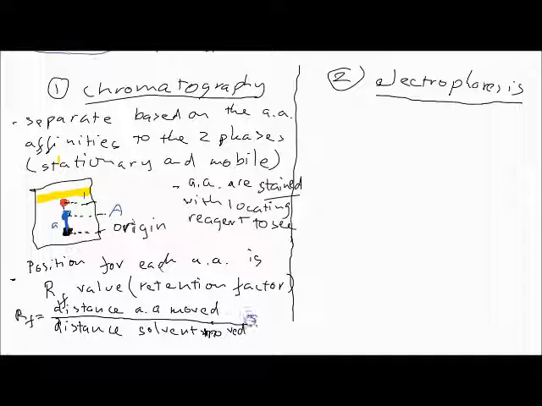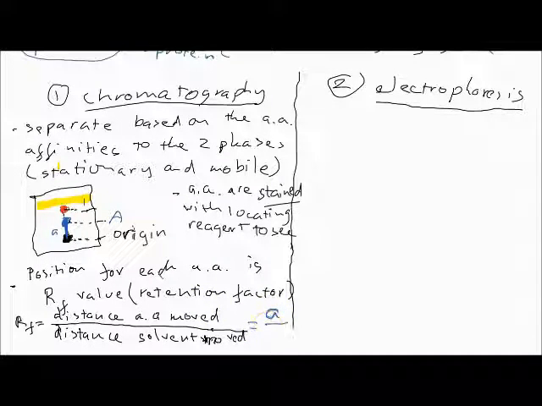So the Rf value for A is small a divided by the distance that the solvent, the water, moved, see this yellow water mark? Let's call it X. So the Rf value for protein A is a over X.